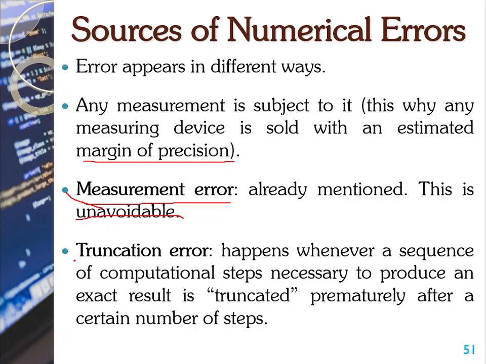Now let's look at the next one, that is the truncation error. And this happens whenever a sequence or series of computational steps necessary to produce an exact result is being truncated prematurely. So let's take a look at our Maclaurin series, which is a series through to infinity. Suppose that we could get all these series and place in the value of x. It means that we are going to get exactly the true solution.